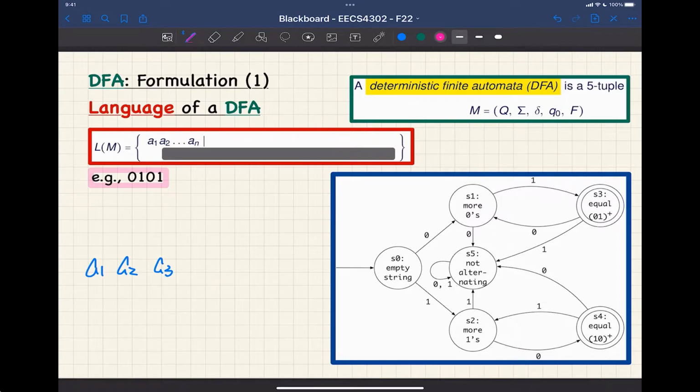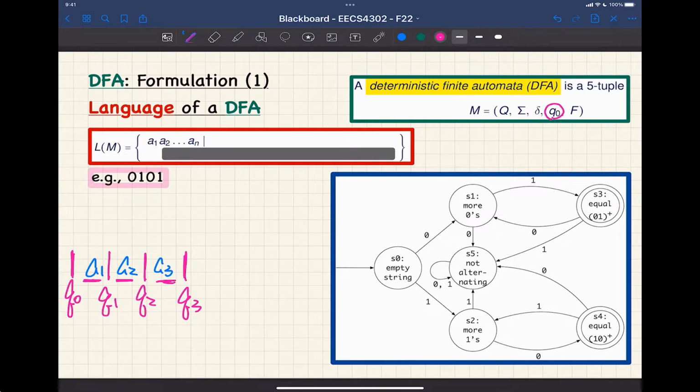Given that the initial state is Q0, think about we're going to start with Q0, and then after reading the first symbol, we're going to get into Q1. After reading the second one, we're going to get into Q2. After reading the third symbol, we're going to get into Q3. This is the relationship we want to specify.